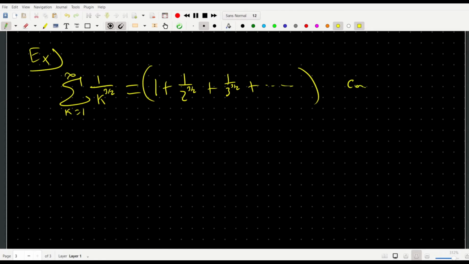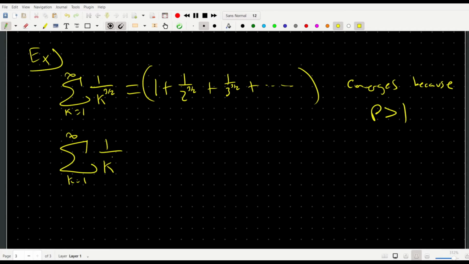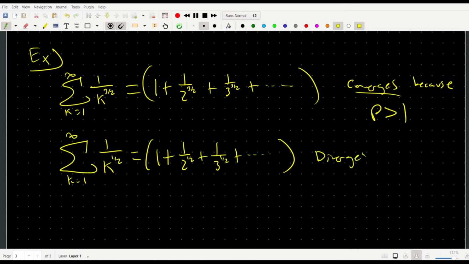This converges because p is greater than 1, but the series from k equals 1 to infinity of 1 over k to the 1/2, which is the infinite series 1 plus 1 over 2 to the 1/2 plus 1 over 3 to the 1/2, and so on and so forth to infinity, diverges because p is less than 1.